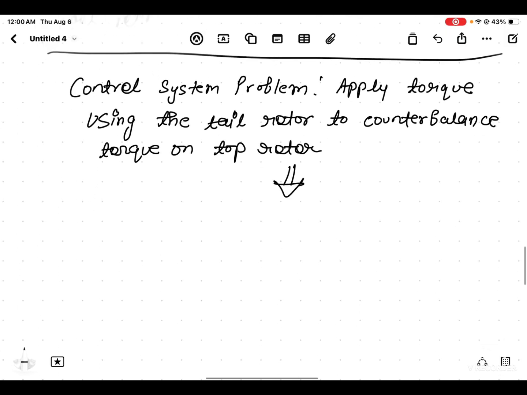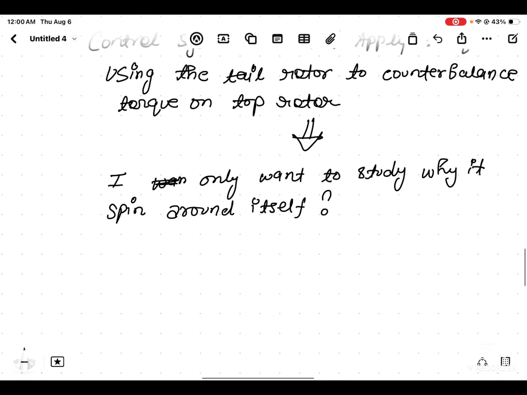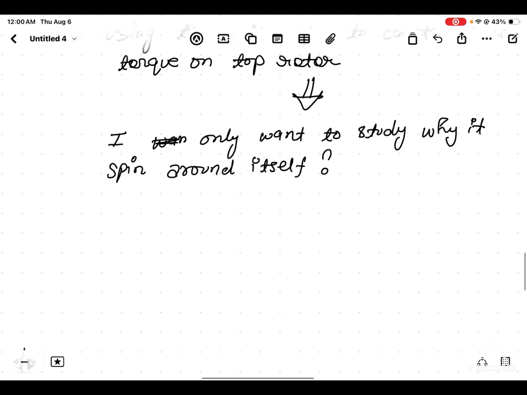So what does it mean? It is saying that I only want to study why it spins around itself. Why this tail rotor is important in a helicopter.